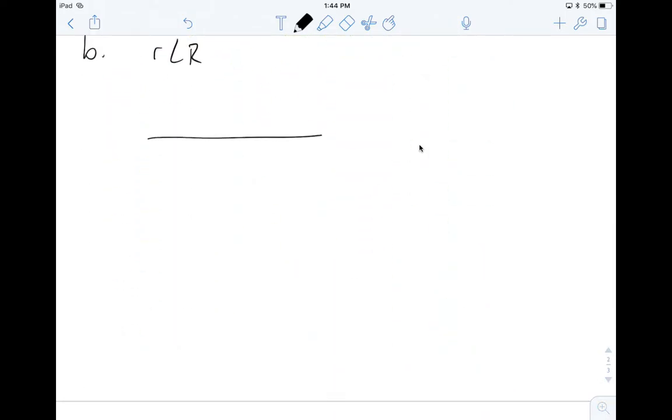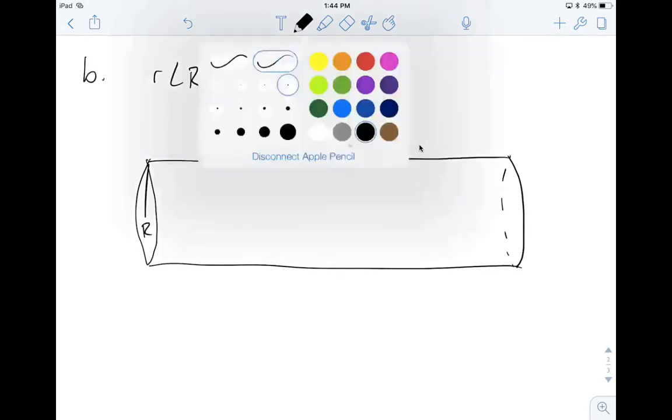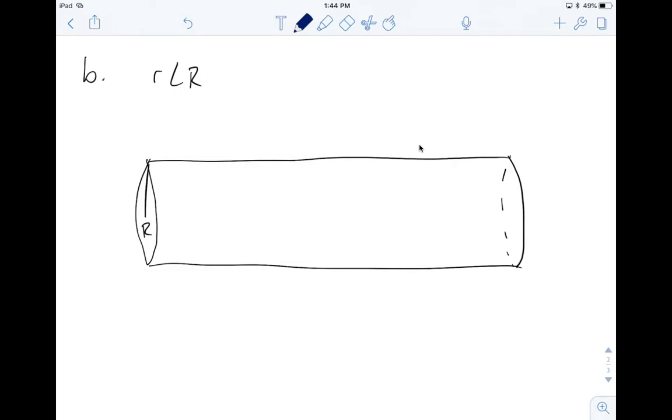Here's our really long charged cylinder, which has radius big R. Our new Gaussian surface has a radius that's inside of this cylinder, still with length L. It has radius of little r, still has length of L.